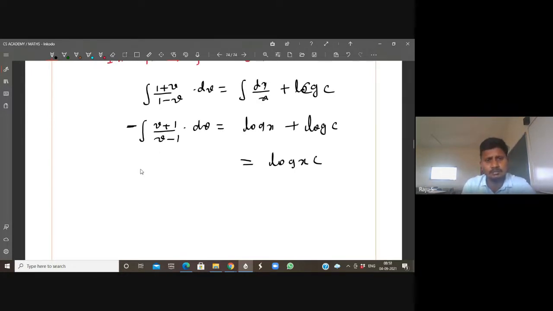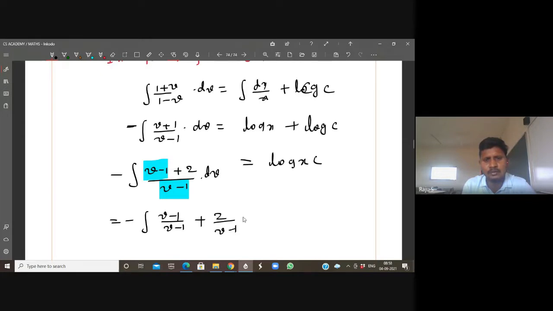Coming to here, now shall I write this value as minus of (v minus 1 plus 2) by (v minus 1) into dv. Now you can write it separately like (v minus 1) by (v minus 1) plus 2 by (v minus 1) into dv.